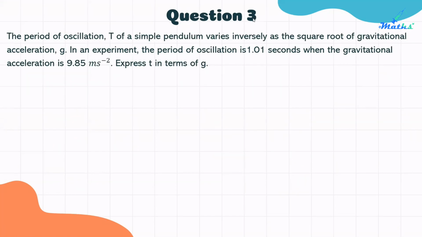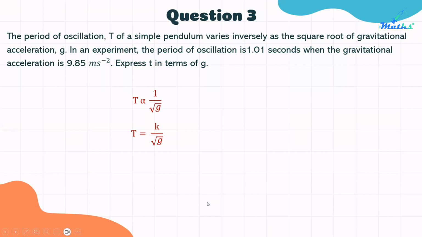Okay, question 3. The period of oscillation T of a simple pendulum varies inversely as the square root of gravitational acceleration g. In an experiment, the period of oscillation is 1.01 seconds when the gravitational acceleration is 9.85 m/s^-2. Express T in terms of g. T varies inversely as the square root of g, so the equation form becomes T equals k over square root g.